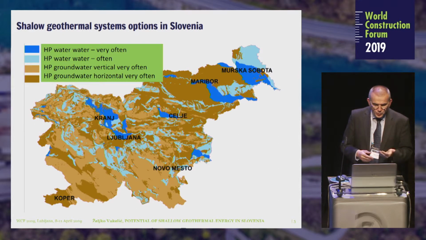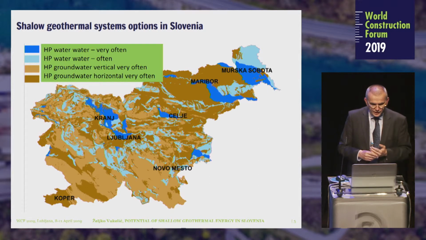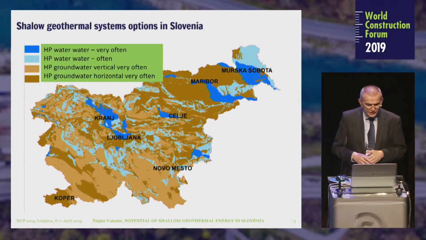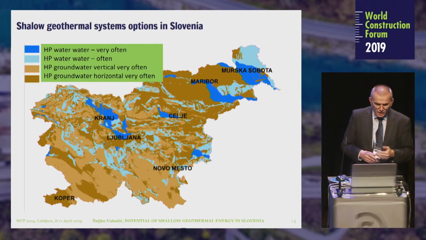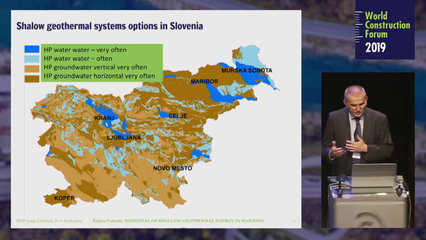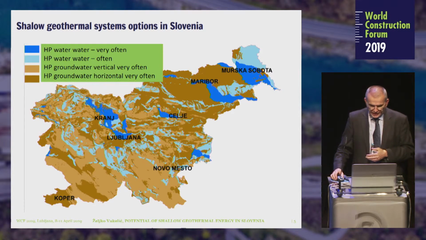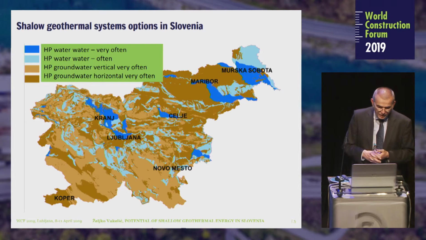Water heat pumps means that you are using groundwater. Of course, you also have groundwater here, but I will explain. Very often we have this blue color, but generally a lot of Slovenia is in brown color.